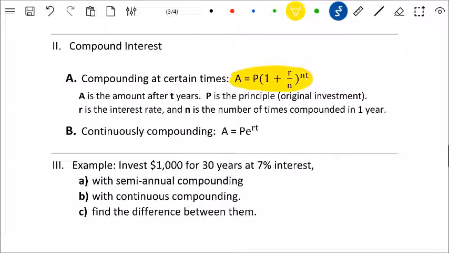If you continuously compound, you would use this. So what we're going to look at here, you need A, the initial amount. Oh no, A is the amount after t years. P is the initial amount, principal, and I like the term initial amount as well.